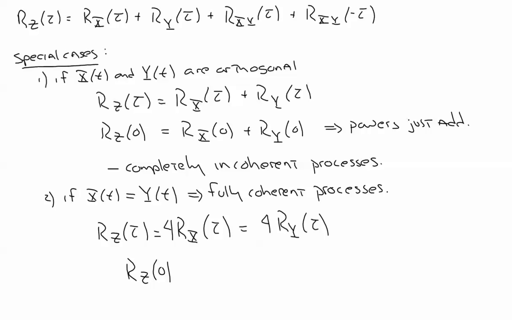Likewise, the normalized power in z becomes 4 times the power in x, or 4 times the power in y. There's some synergy going on here. The whole is more than the sum of the parts.